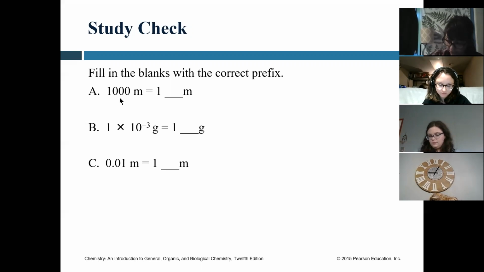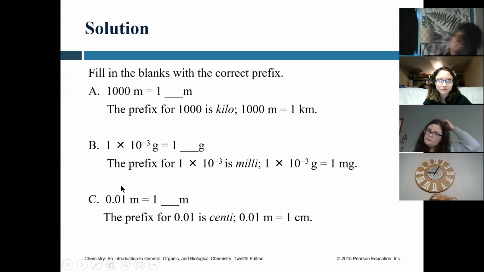Okay, so for this first one, 1,000 meters. Well, what is 1,000? That's the same thing as a kilo, so a kilometer. People get very, very freaked out by scientific notation. Don't get scared. If you want, you can even move the decimal out to show it in a decimal form.